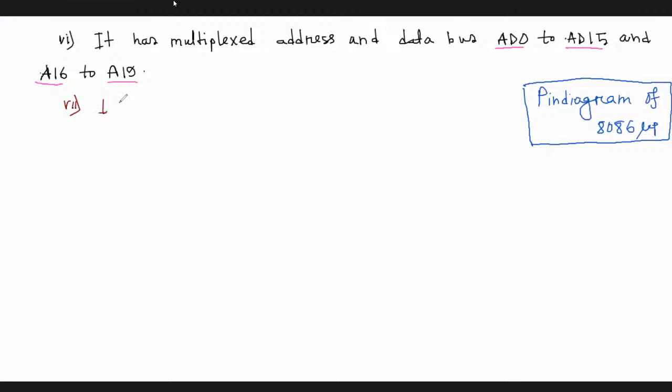So 8086 is an IC, and this IC operates at plus 5 volt power supply.